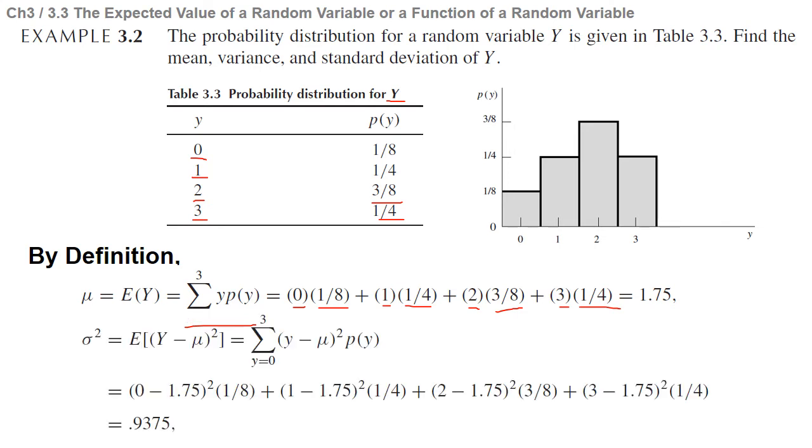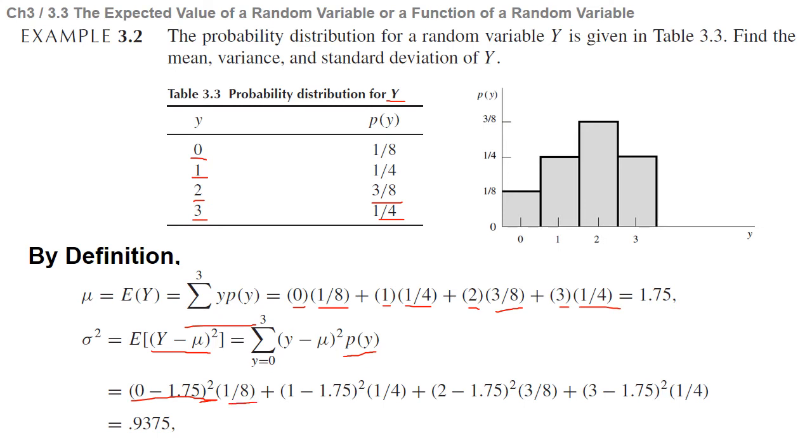And let's calculate the variance and the standard deviation. The variance is the expected value of (y minus mu) squared. The definition here is the summation of y from 0 to 3 of (y minus mu) squared times the probability measure. When y equals 0, (y minus mu) squared is this term, and the probability is 1/8.